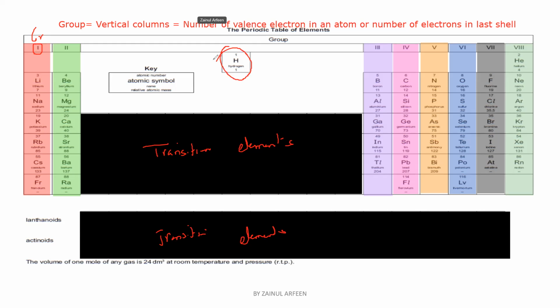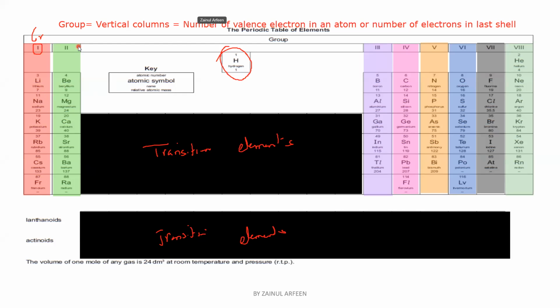Why is hydrogen not placed in a specific group? Because when elements are placed in a specific group, they have similar chemical properties. For example, group 1 elements such as lithium, sodium, potassium, rubidium, cesium and francium have the same chemical properties.